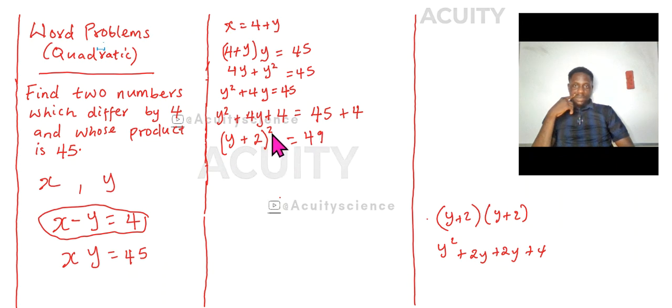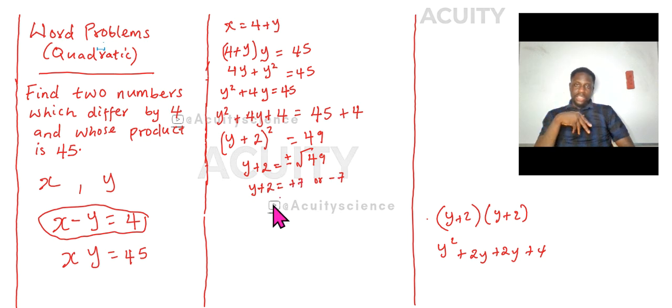So this is a power 2 here. I'll take the square root of both sides. y plus 2 equals the square root of 49. And you know that two positive numbers or two negative numbers can work. So y plus 2 is equal to plus 7 or minus 7, because 7 times 7 is 49, and minus 7 times minus 7 is also 49. Now I'll take this 2 to the other side.